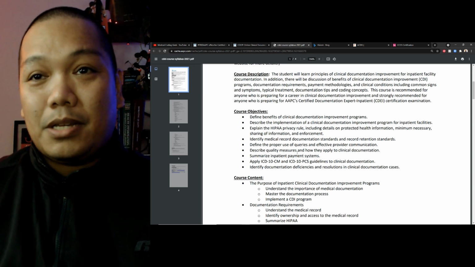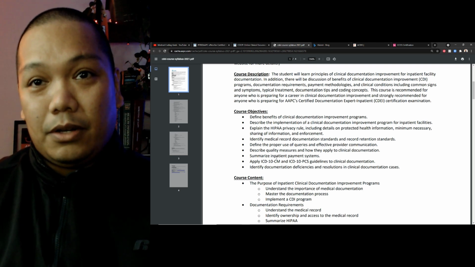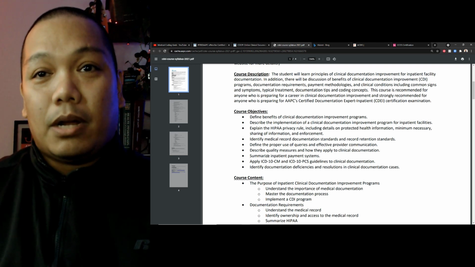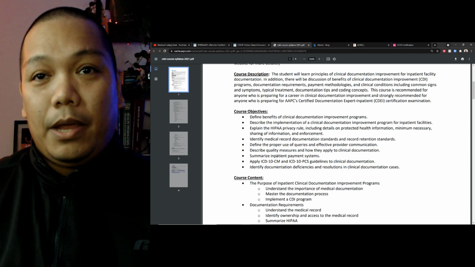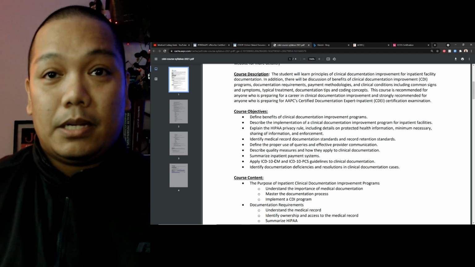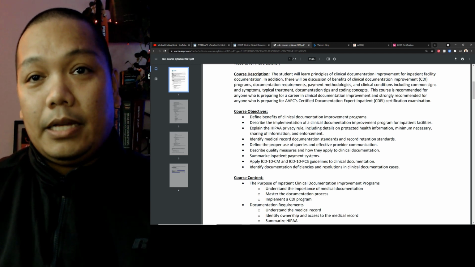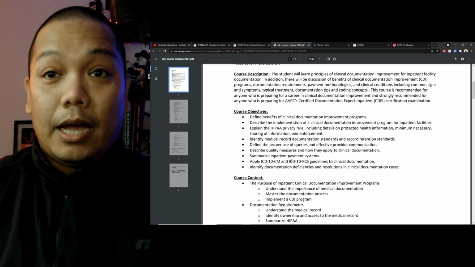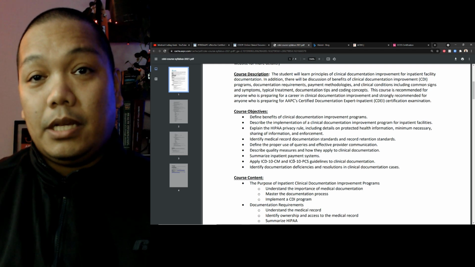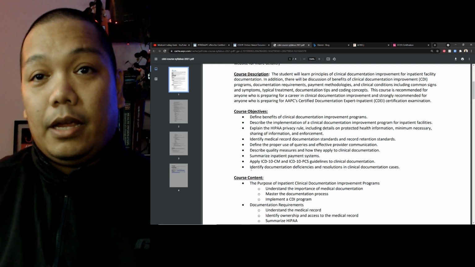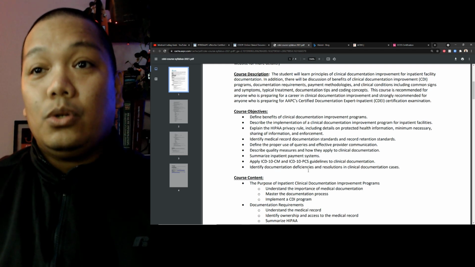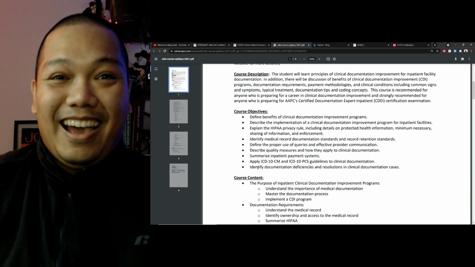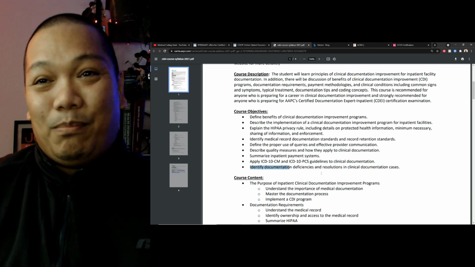Describe quality measures and how they apply to clinical documentation. Very good. Summarize the inpatient prospective payment system. Inpatient payment systems, inpatient prospective payment system. Apply ICD-10-CM and PCS guidelines to clinical documentation, and identify deficiencies and resolutions. Yes, I think these questions right here kind of broke me.